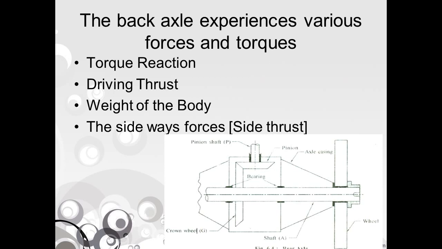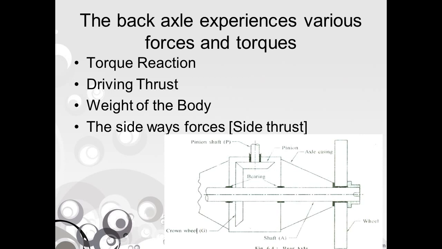This has to be opposed, otherwise the propeller shaft would be subjected to heavy bending. This can be avoided by attaching an arm or member to the casing, the other end of which is secured to the frame. The braking torque on the axle casing is opposite in direction to the torque reaction.